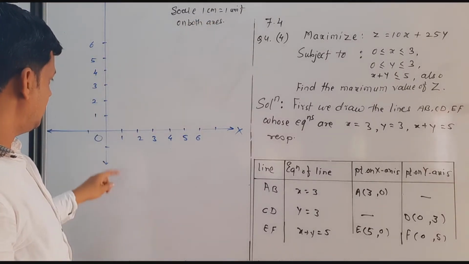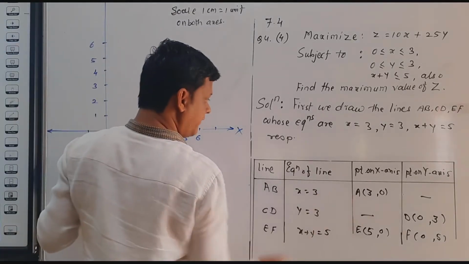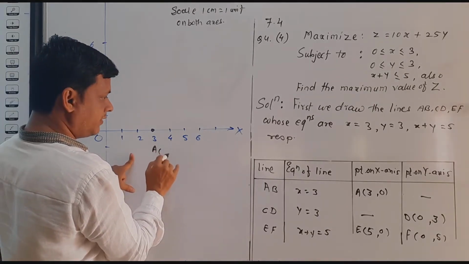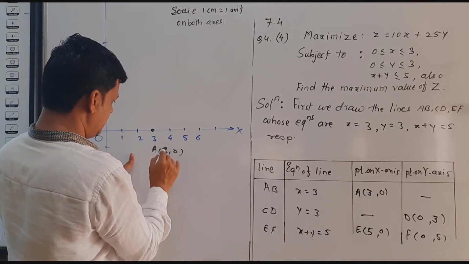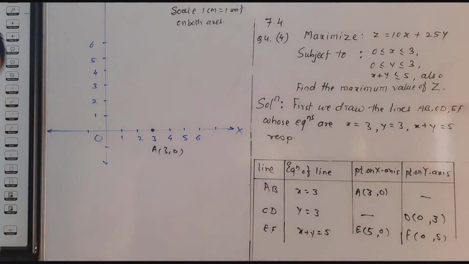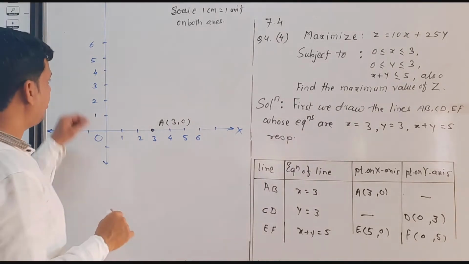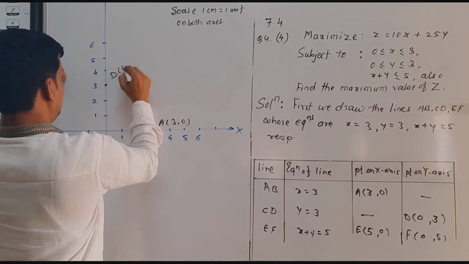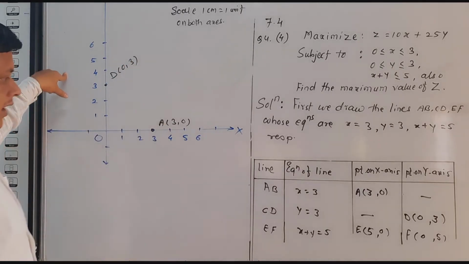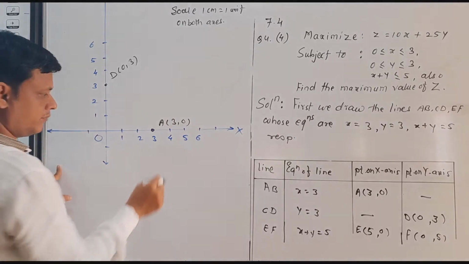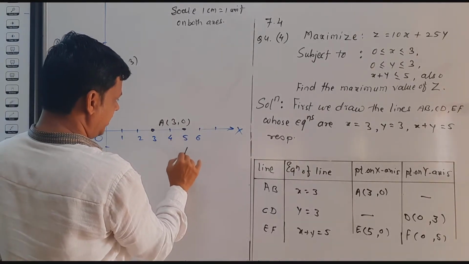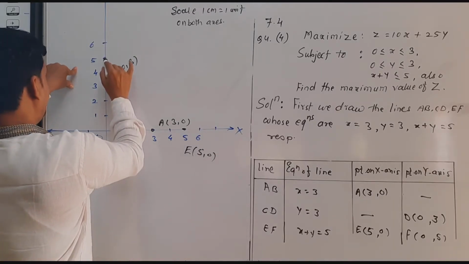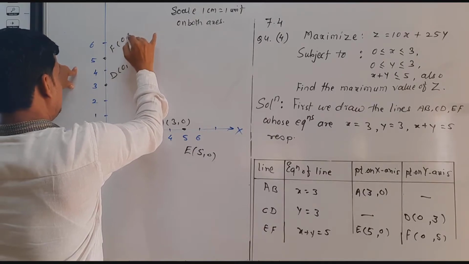Now we plot all these points first. Point A, which is on the x-axis, is 3, 0. Then point D is 0, 3. Then point E has coordinates 5, 0 and point F has coordinates 0, 5.